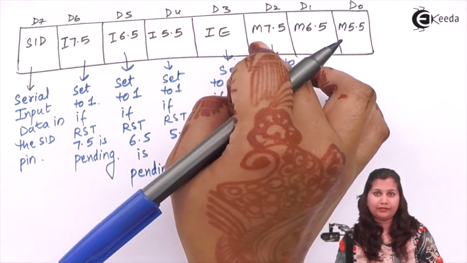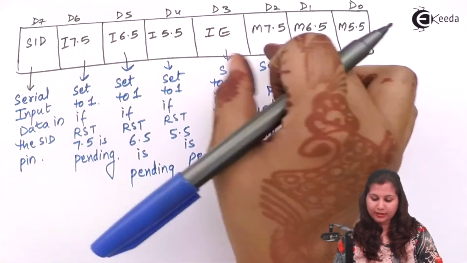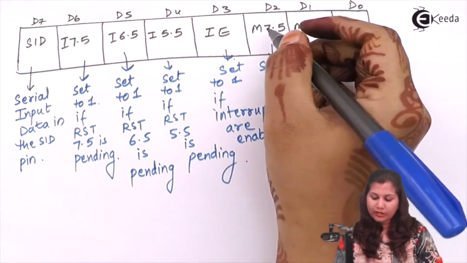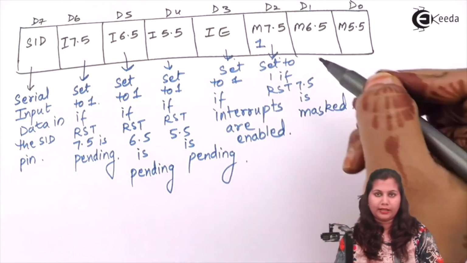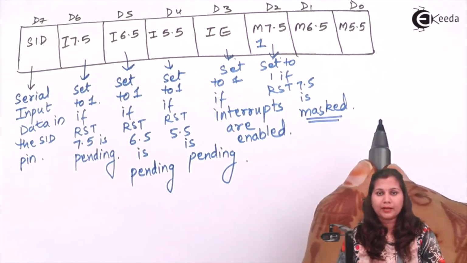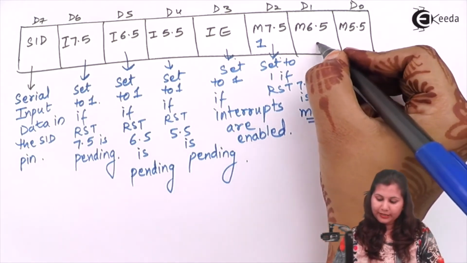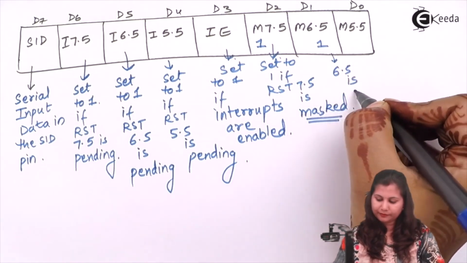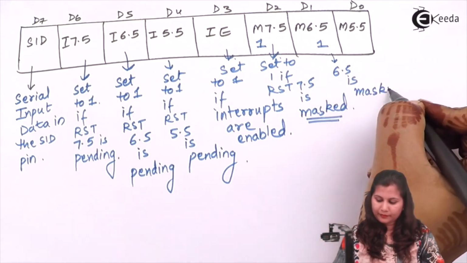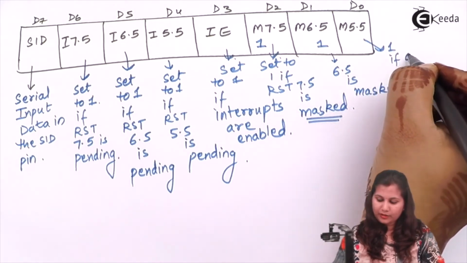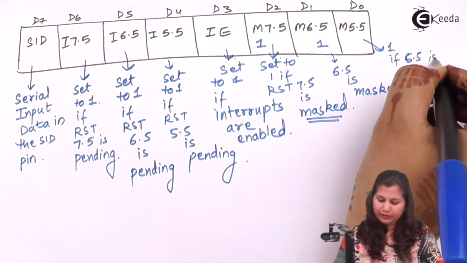Now, if that interrupt is masked, then in this RIM instruction also, this bit will become 1 if RST 7.5 is currently masked by the microprocessor. This bit will be 1 if 6.5 is masked, and this bit will be 1 if 5.5 is masked.